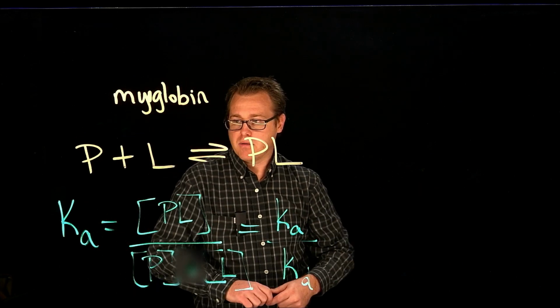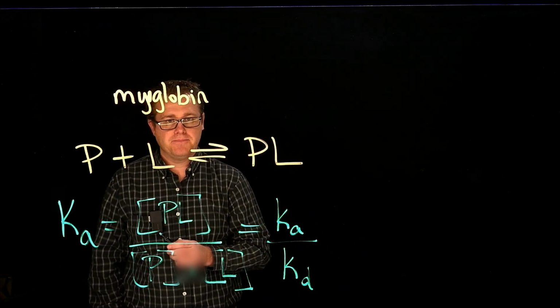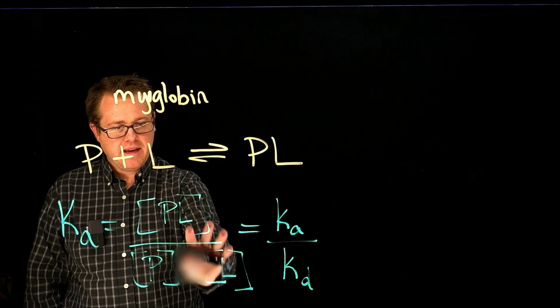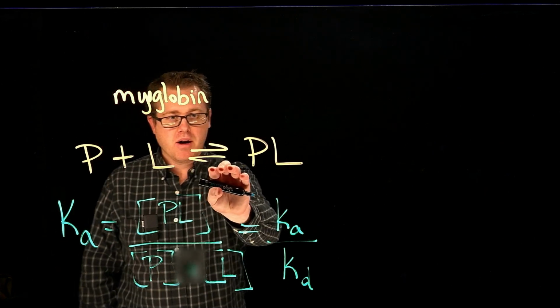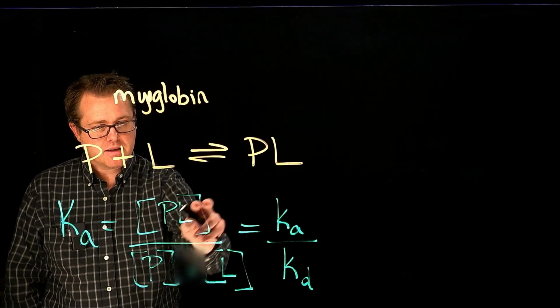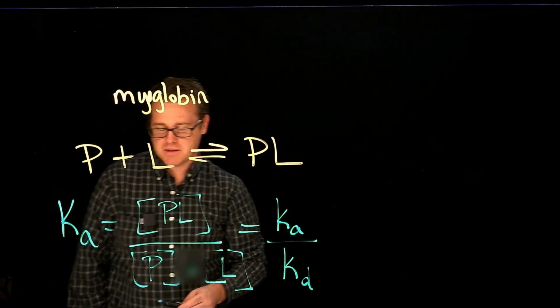Now let's describe what this equation is. We understand how we got the terms the way we did because this is an equilibrium process shown right here: products divided by reactants. We've seen that many times.